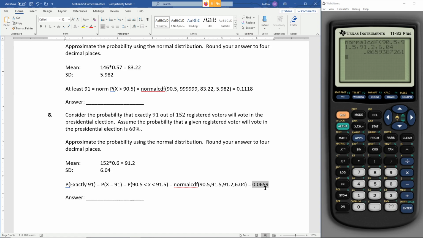So 6% chance, basically 6.59%, and that concludes the session of approximating binomial distribution using normal distribution.